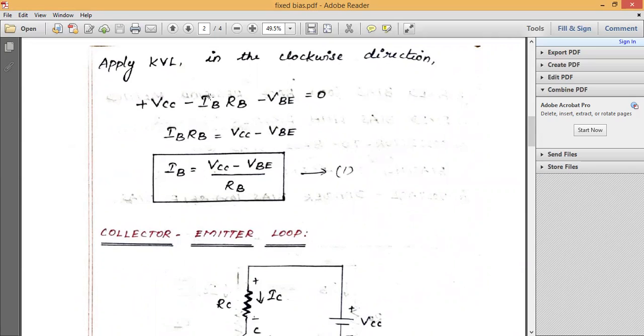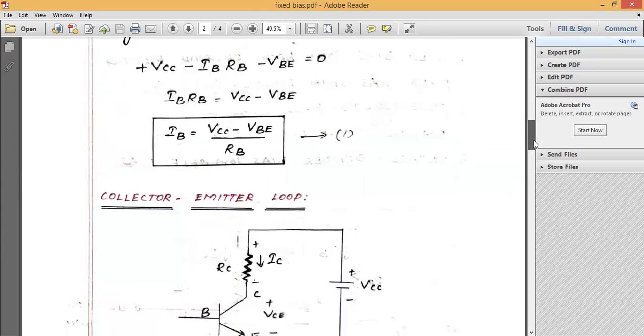I'm just bringing this IB RB to that side, so this minus will become plus. So IB RB is equal to VCC minus VBE. From this equation we can obtain IB: IB is equal to VCC minus VBE divided by RB. So if we apply KVL to the base emitter loop, we can obtain the base current IB.